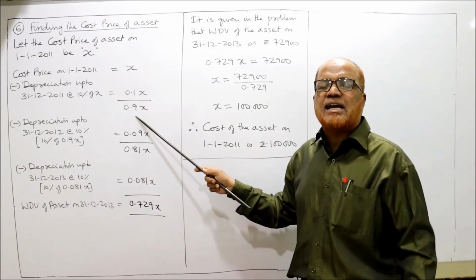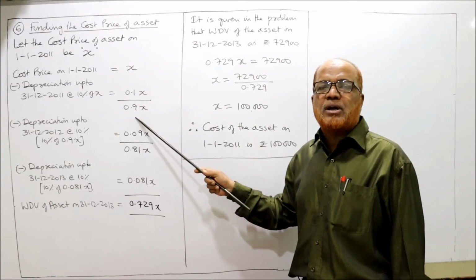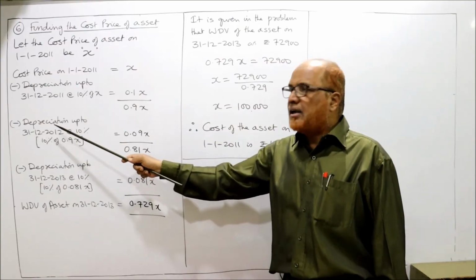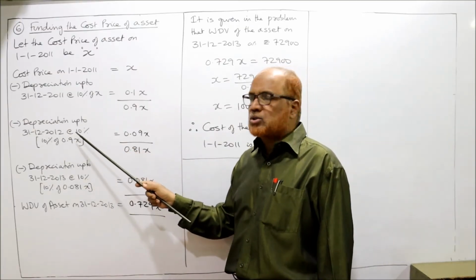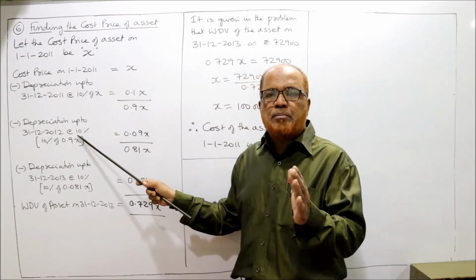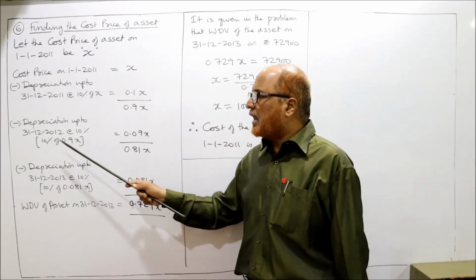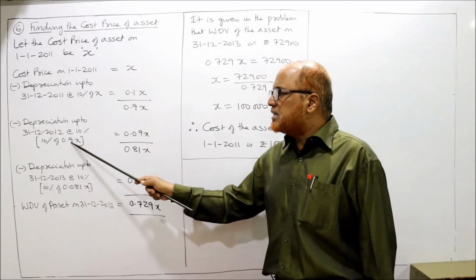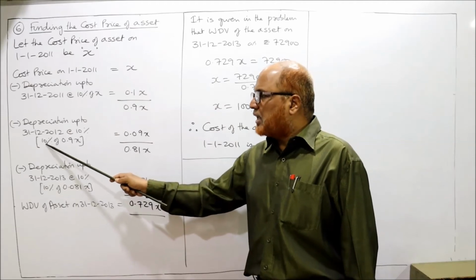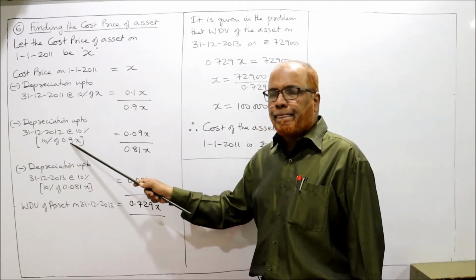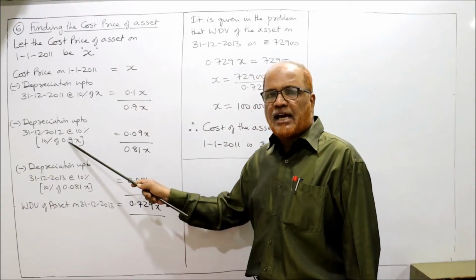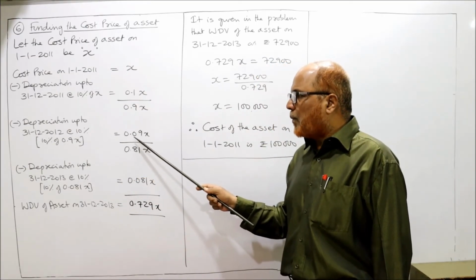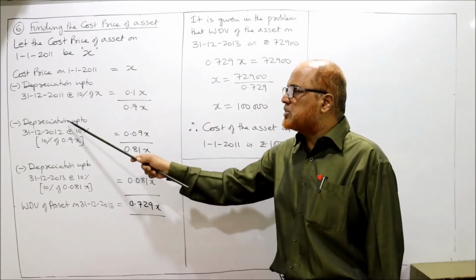Now at the end of the second year, 31st December 2012, we provide depreciation at 10%. We are following the diminishing balance method, so we calculate 10% of 0.9X, the written down value. 10% of 0.9 is 0.09, so 0.09X is the depreciation.